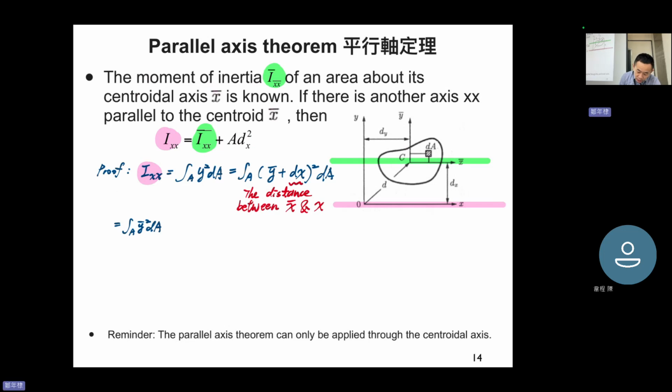So if we expand this, 2 dx times the integral of y bar dA, plus A times dx squared. We expand this and get a longer expression. And we notice that, wow, this is the green part, right?